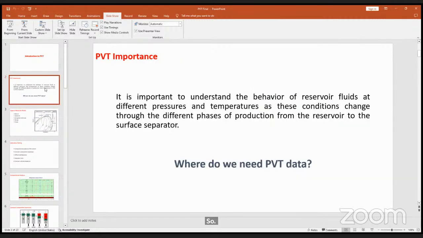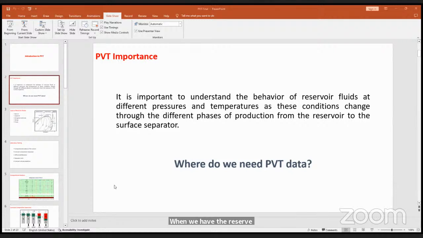why do we need a PVT? When it comes to basics, you should first realize why we do things. So why do we need the PVT data? Basically, the fluid's properties change with pressure and time. When you have the reservoir conditions, you have fluids in certain conditions.